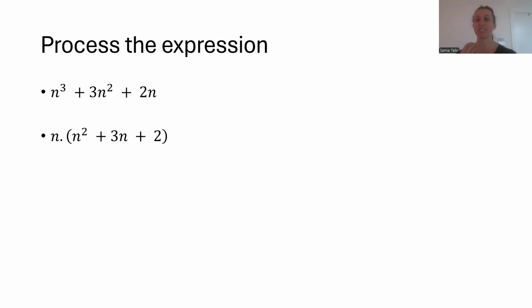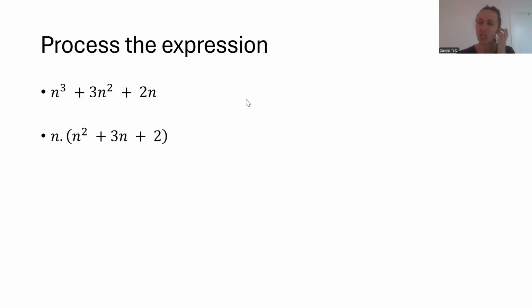There is an n we can take out, and we cannot hold off with that because that's the only way to process this expression. We have to make this expression progress to an equivalent expression. That's an equivalent expression, but it doesn't say much about divisibility by 6. That's clear. So the question is what to do next.